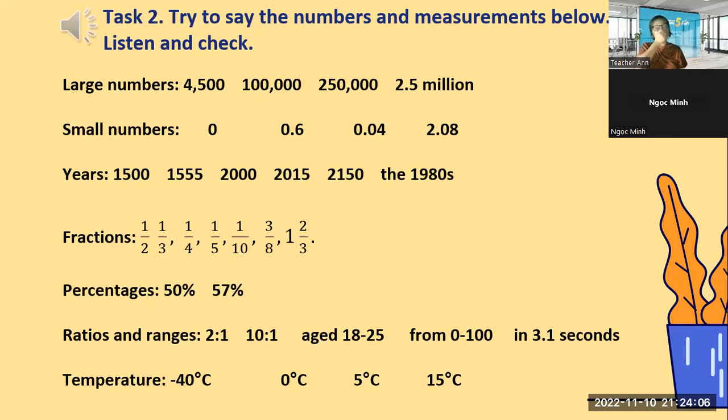Large numbers. 4,500. 100,000. 250,000. 2.5 million. Small numbers. 0.6, 0.04, 2.08.